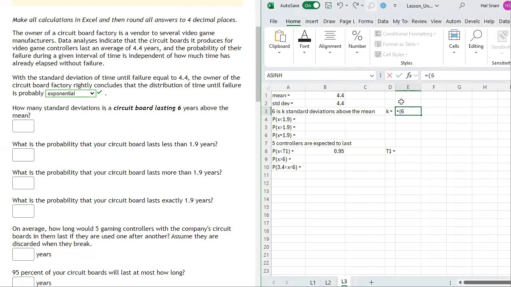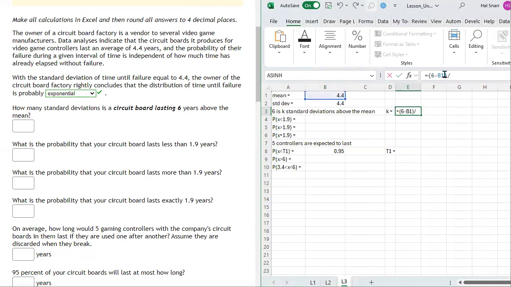That's the value of the observation x, right? Value of x, in this case 6. 6 minus 4.4, that is the deviation in the mean. 6 years minus 4.4 years is 1.6 years.